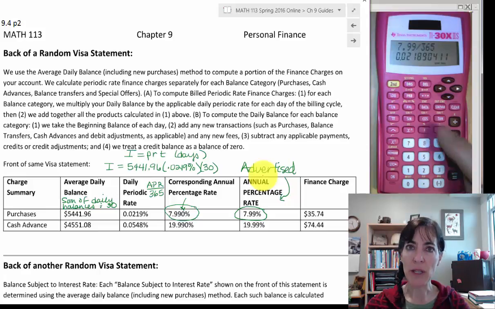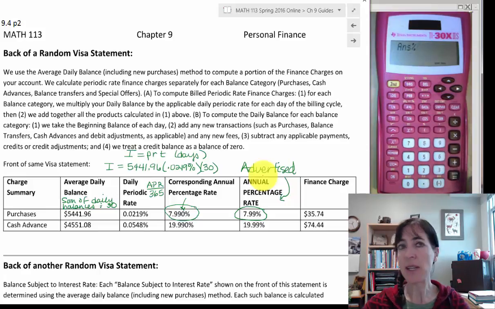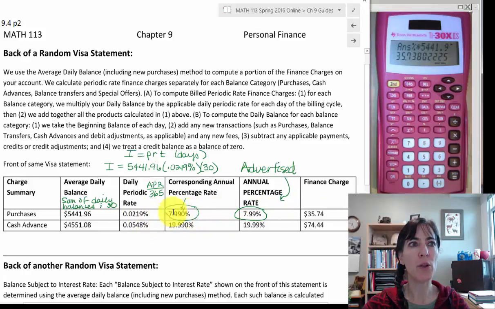If I don't round it and I just turn it into a percent, and then multiply by the 5,441.96 and by the 30 for the 30 days, then you can see I will get the 35.74 for the finance charge. So they're showing it in its rounded form, but they're not using it in its rounded form. They are using it with all the decimal places that come after. So that actually works out in our favor by a penny, so I'm not going to complain.